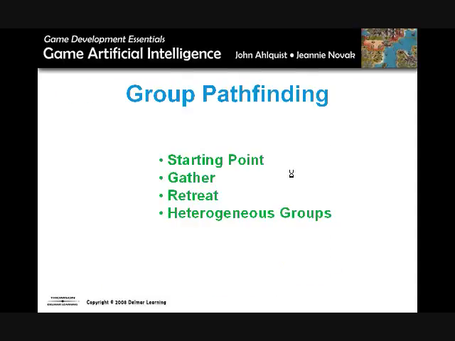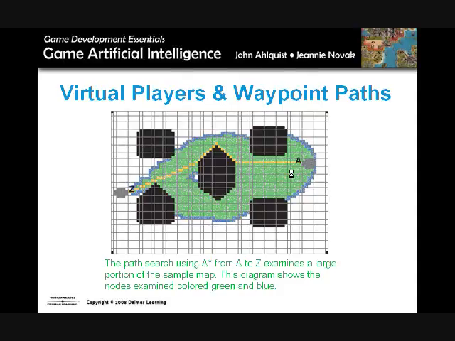A way around this would be to come up with a waypoint system. So you might mark several key points on the map, and rather than trying to pathfind from one spot on the map to another spot on the map, you would set up some key path nodes, key waypoints along the way.